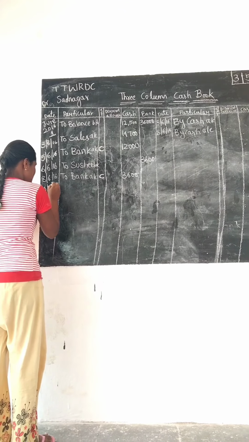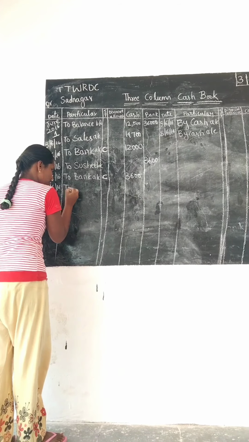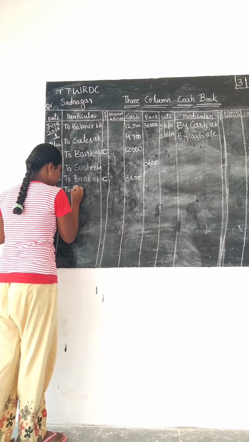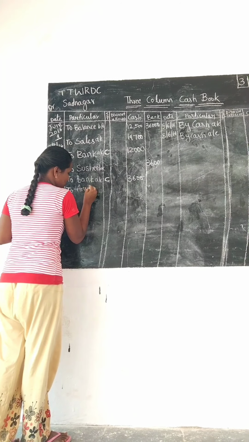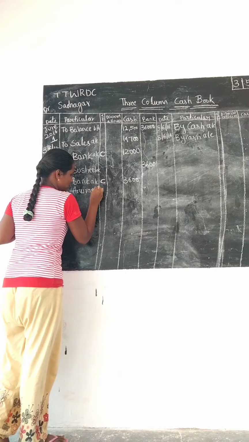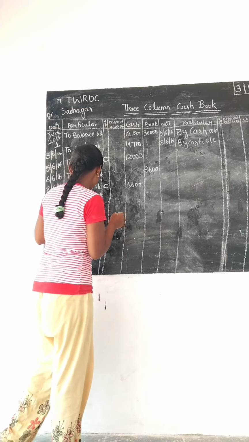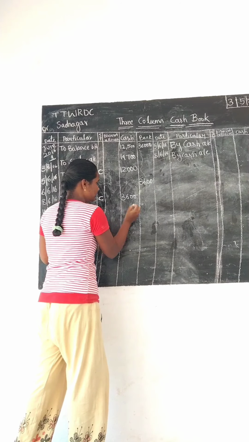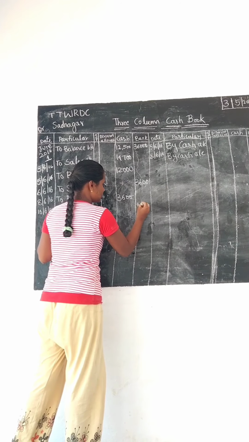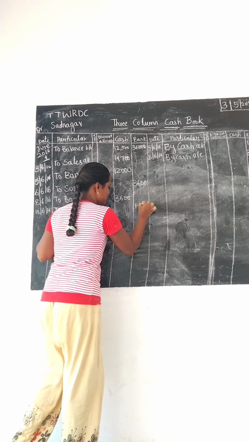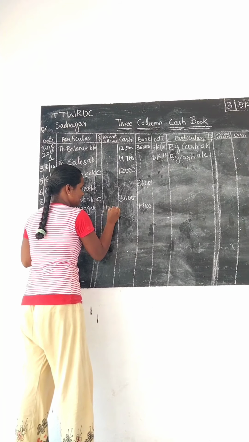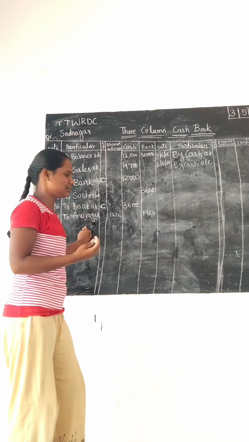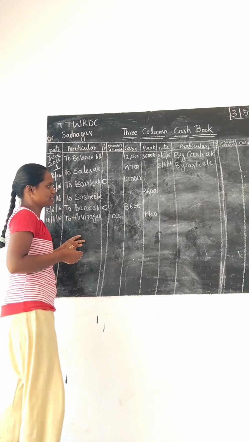On day 10, 6/16, to bank, to Anurag account. He is giving a check of 1,980 rupees. The discount is 120 in the discount column, because we are getting money from Anurag, so it is debit.